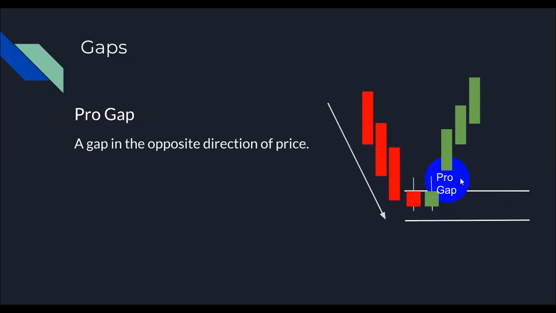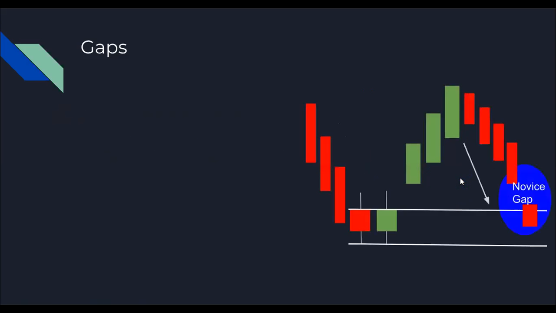Let's talk about another type of gap. Now, when prices are coming down, as you can see, it closes here, and the next day it gaps down. So in this case, compared to the previous example, the gap is in the direction of the previous move.